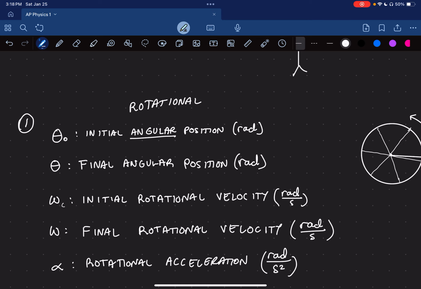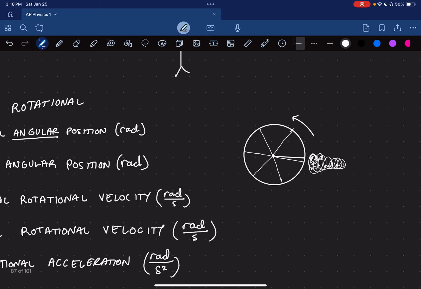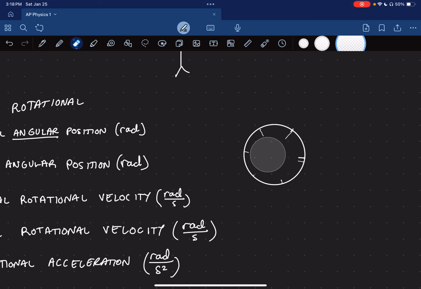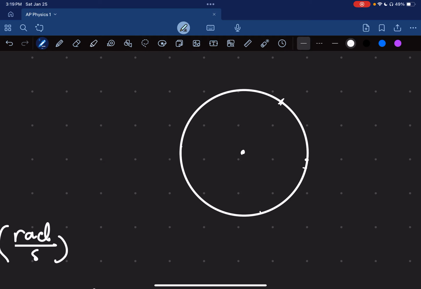Well, when something's rotating, it can have a rotational speed. So here's the center.